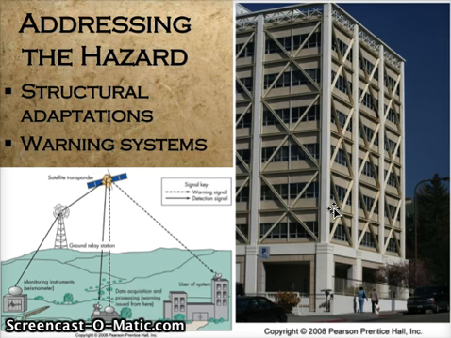The other thing they discuss in your book that's really interesting is what's called a warning system. You'll notice in the lower left-hand side, they show this warning system. The whole idea here is that when the ground starts to move, the seismic waves move at the speed of sound.